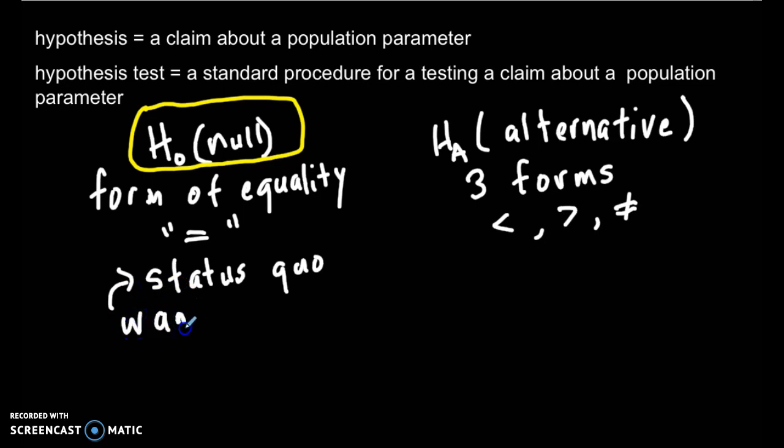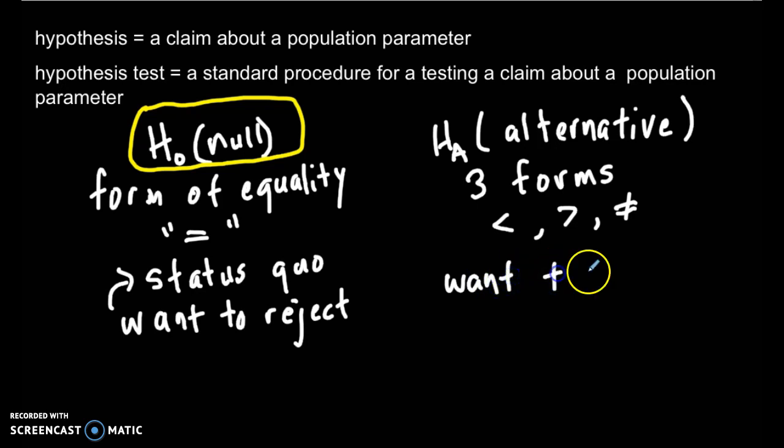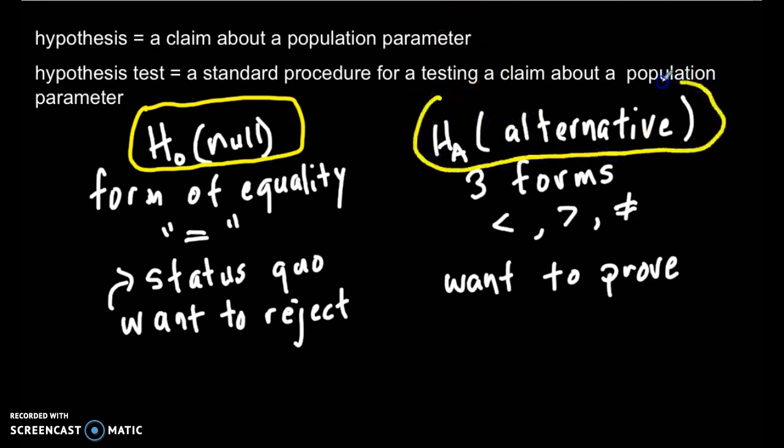So we want to set this up in such a way that we can prove what we want by making our null something that we can reject. It's kind of sneaky in a way. And our alternative is what we want to prove. We want this to be true. Usually, we want to prove this, and we can't prove the null. All we can really do is reject it if it doesn't fit what we think it should fit.